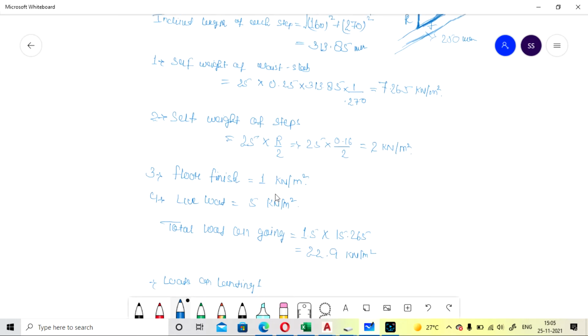Floor finish we have already considered as 1 kilonewton per meter square, and live load as 5 kilonewton per meter square. You can check IS code 875 part 1 and 2 for the live and dead load consideration.